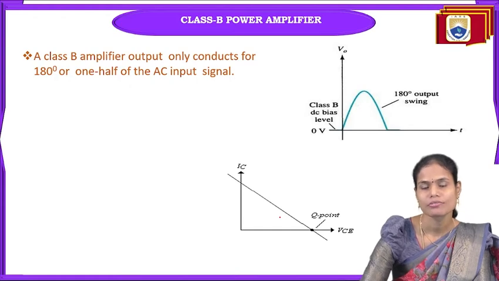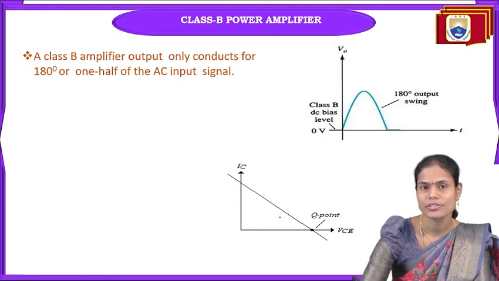In the transistor, we have three regions: cutoff region, saturation region, and active region. If we keep the Q point in the active region, we will get full amplification of the signal without distortion. If you keep it in the saturation region, there is clipping in the positive half cycle of the input signal. Similarly, if we keep the operating point at the cutoff region, we can remove the total negative half cycle of the applied input signal.